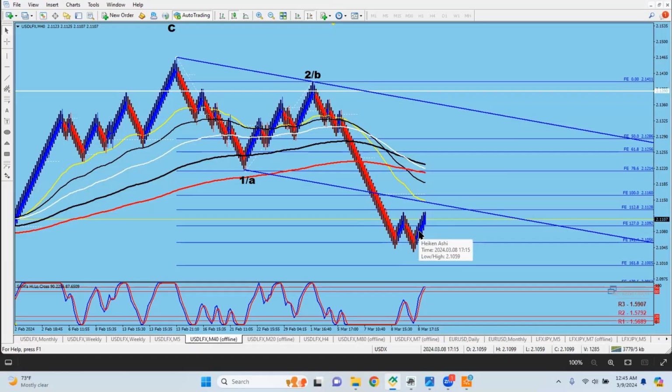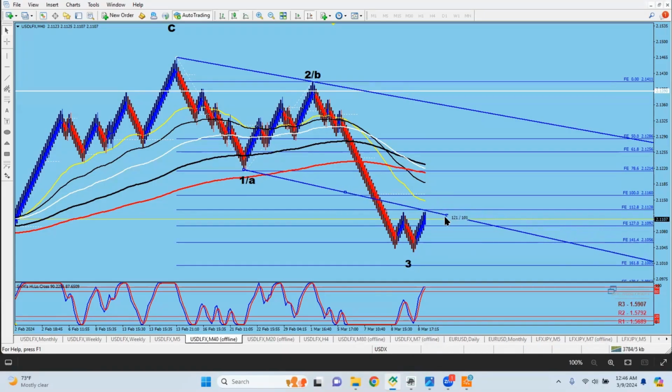But based on this information, we will see. Let's say this is the lowest, and if it is wave 1, 2, and this is wave 3, we can mark this as wave 3 now. Let's say this is the lowest, right? And we're not going to go below that. So then what we need is a new channel for wave 4 and the 38% fib.